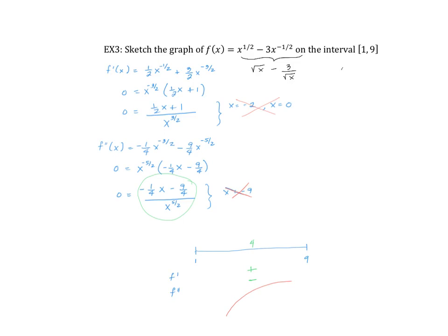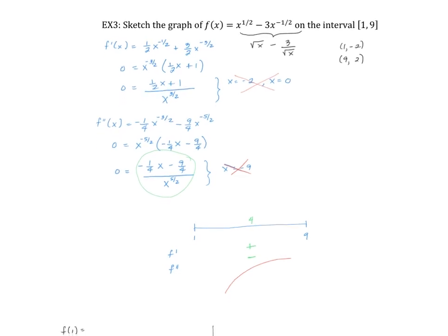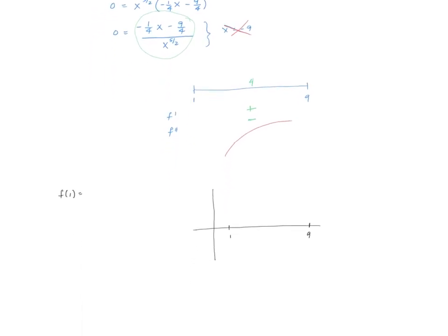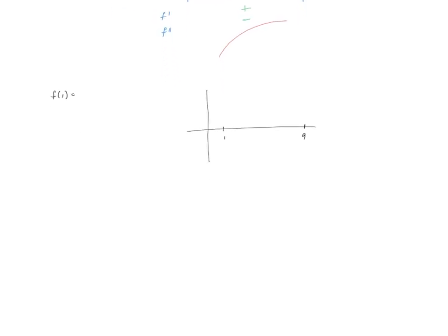So it's going to pass through the point 1, negative 2. And if I put in 9 for x, it's going to be 3 minus 1. So that's going to give me a positive 2. My graph will pass through the points 1, negative 2 and 9, 2.